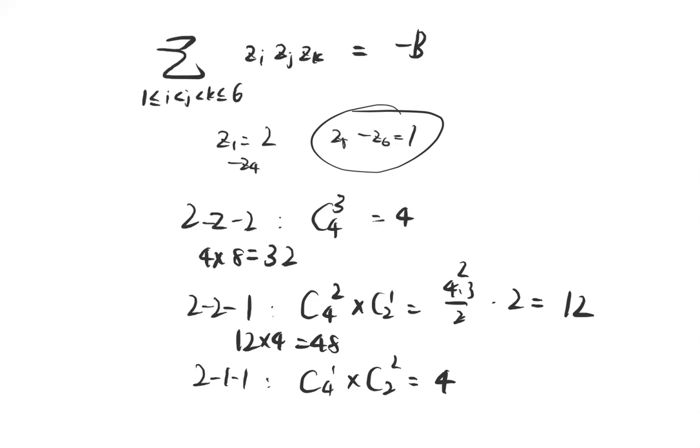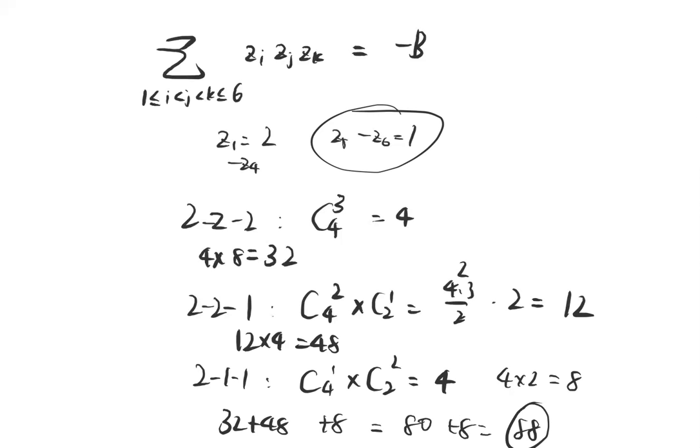As a result, this is 4 times 2, which equals 8. So we add the sum together: 32 plus 48 plus 8. Then we have 80 plus 8, so 88. So the final answer is b equals negative 88. That's the answer for this problem.